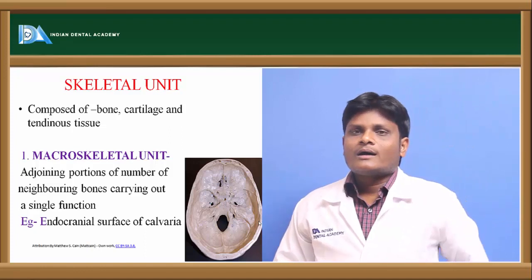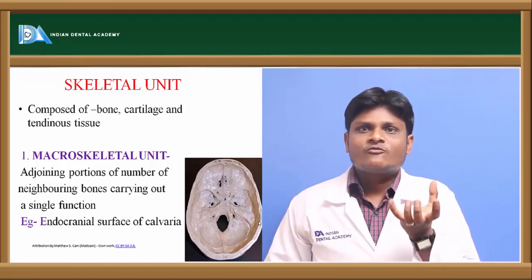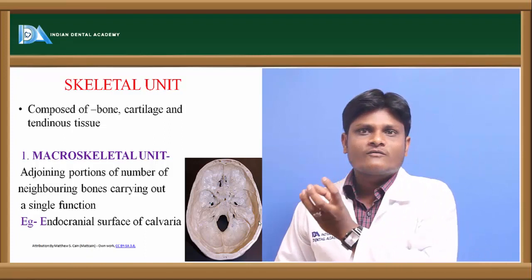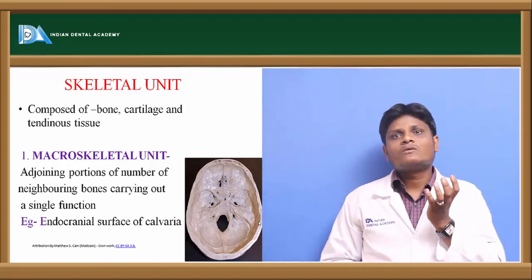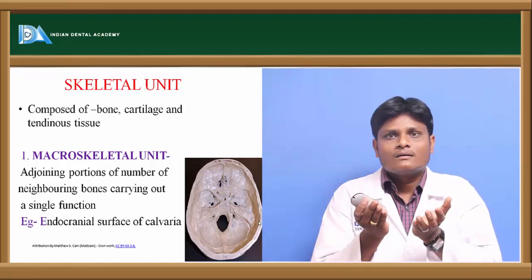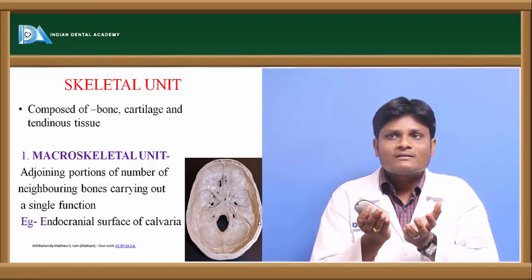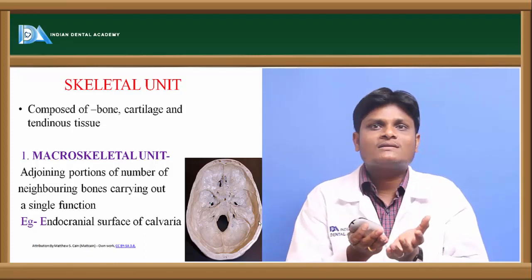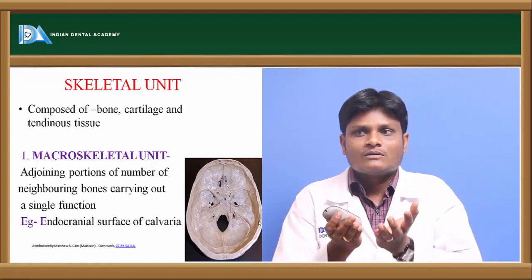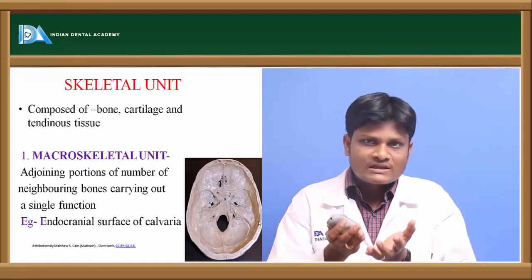So, the entire cranial base is formed by component parts of different bones. These component parts of different bones form a large component carrying out a function. Here, the function of the cranial base is holding the brain. This is called a macroskeletal unit.